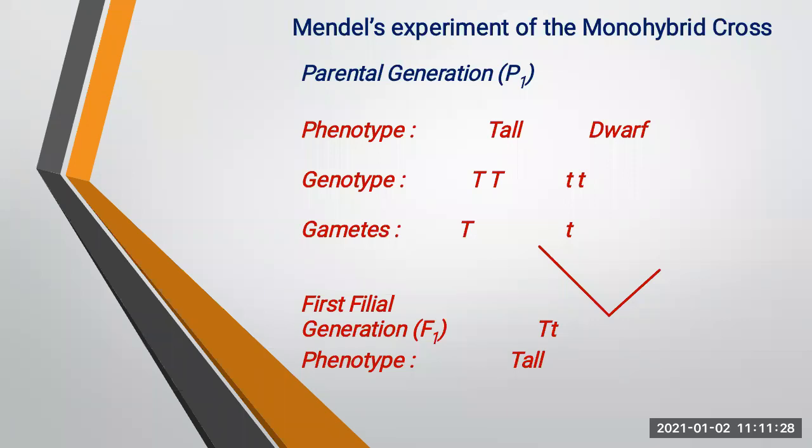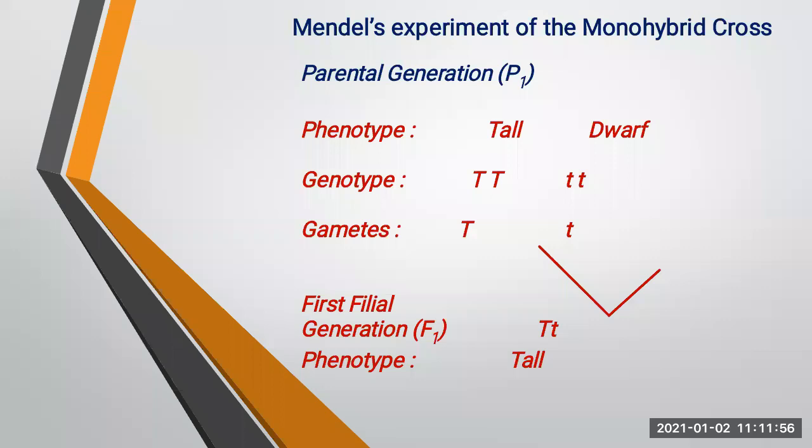Dominant genes are always denoted by capital letters, so remember while writing in the exam you need to be careful, whereas the recessive characters are denoted by small letters. So in this manner only you need to explain.